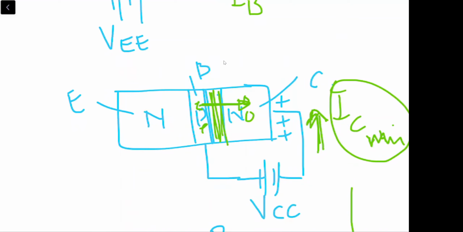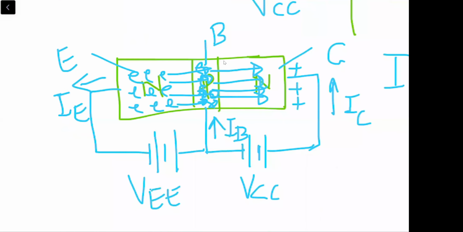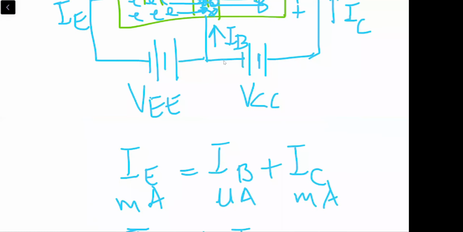And then we have taken a look at the combined overall effect of the emitter-base junction and collector-base junction once they are forward and reverse biased. And with that, we have seen that we come up with the equation that IE, which is the emitter current, is equal to the sum of the base current as well as the collector current.